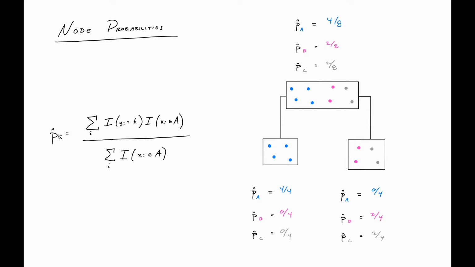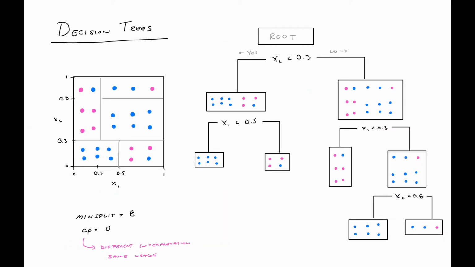So let's pause and think about this for a second. Or actually, no, let's go back. What I said earlier on this bigger tree diagram, in this node here, the probability of blue that we would estimate is 1/4, and the probability of pink that we estimate is 3/4.